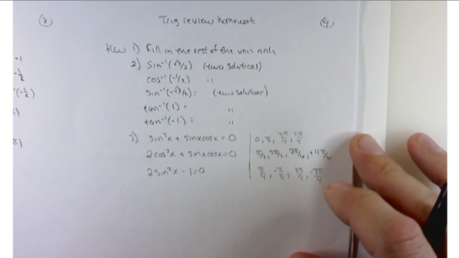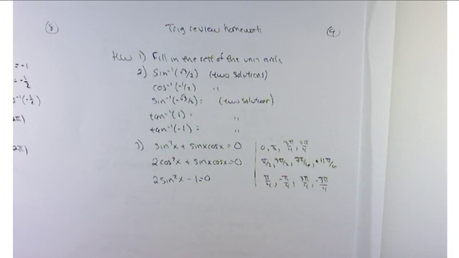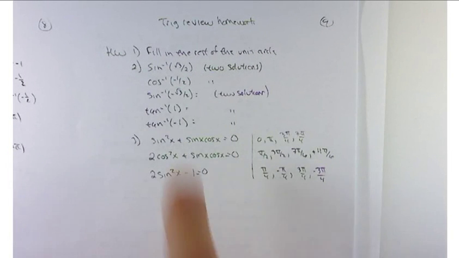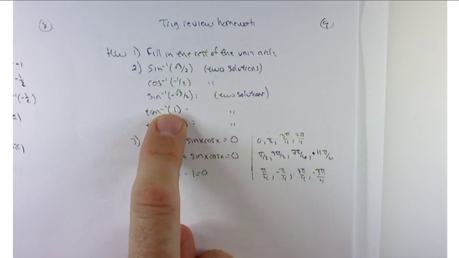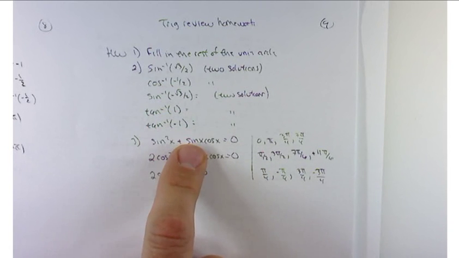And you can also find this on the website. If you go to the course document section, look at the course notes there. You'll find this in there, but you should be able to calculate some inverse values, give me some exact solutions. And there are some trigonometric equations as well.